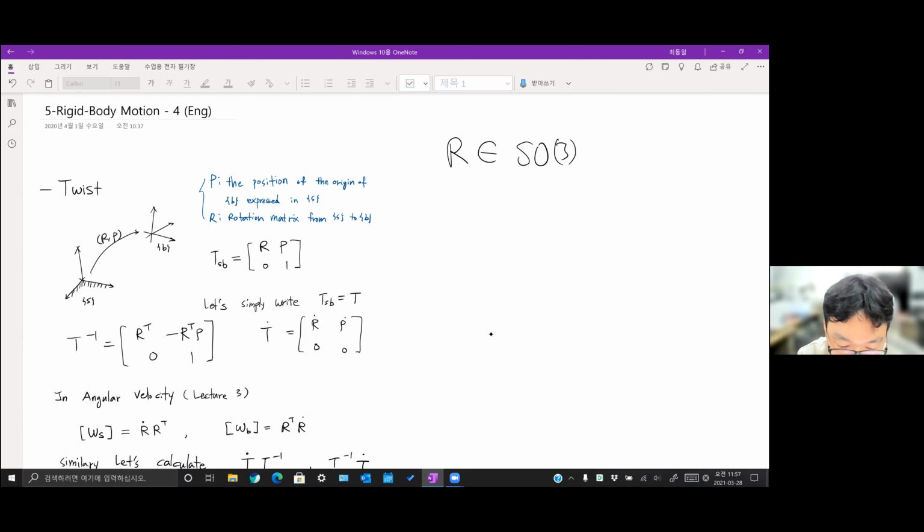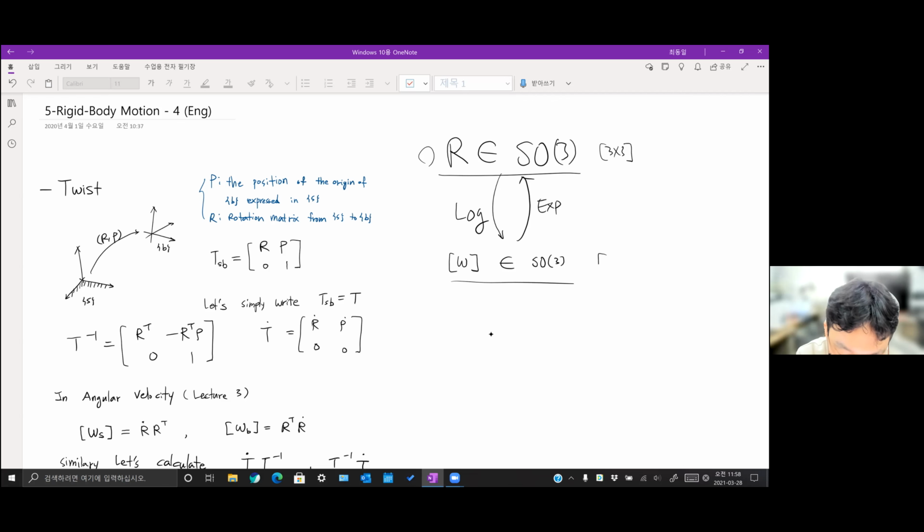Firstly, large SO3 was the rotation matrix. So this was a 3x3 matrix form. And this can be converted to small SO3 like this. When it goes from here to there, we use logarithm, and in the other direction, we use exponential.